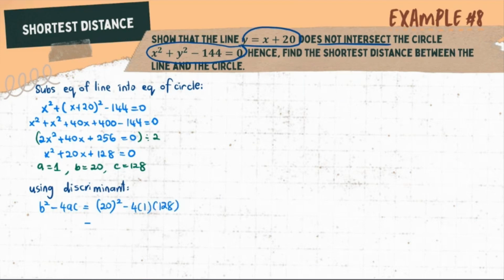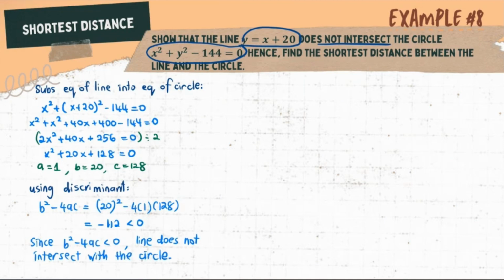And here kita dapat negative 112 which is less than 0. So kena tulis conclusion. Since B squared minus 4AC is less than 0, so the line does not intersect with the circle.